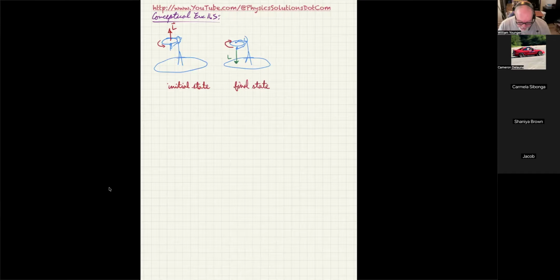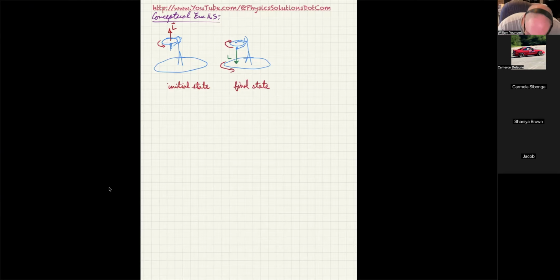But in order for that to truly be the final state, the disk that the person's standing on and the person himself is going to have to rotate in the opposite direction. So now what's going to happen is the actual disk is rotating this way.